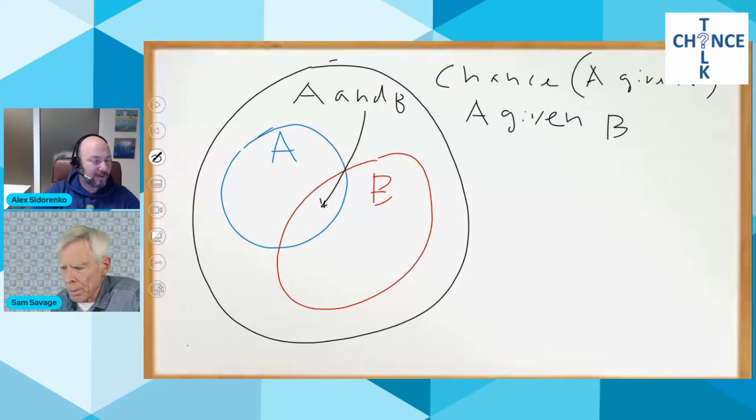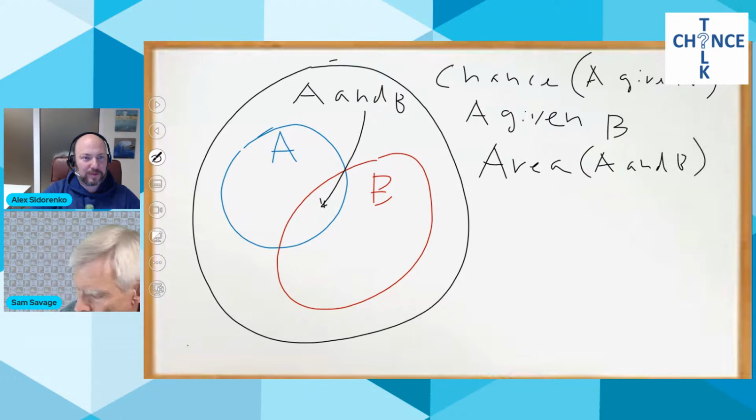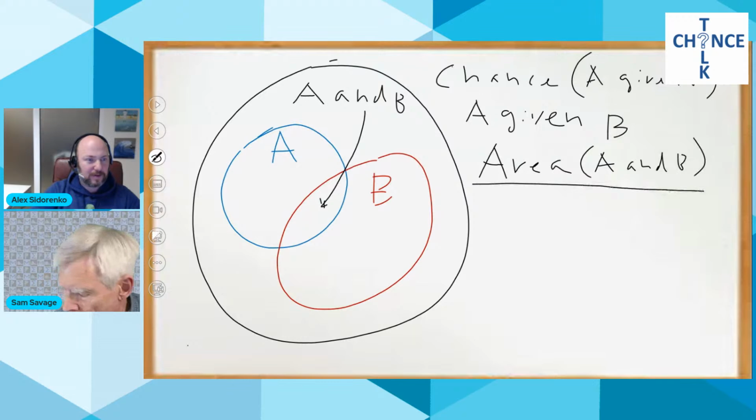And so the chance of A given B is the area of A and B divided by the area of B.